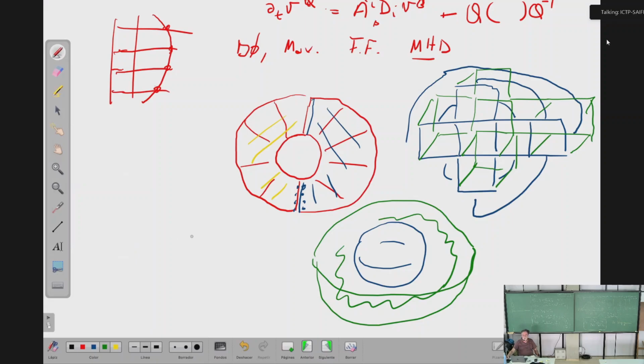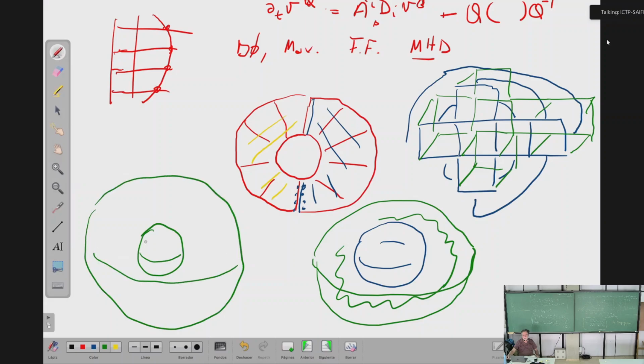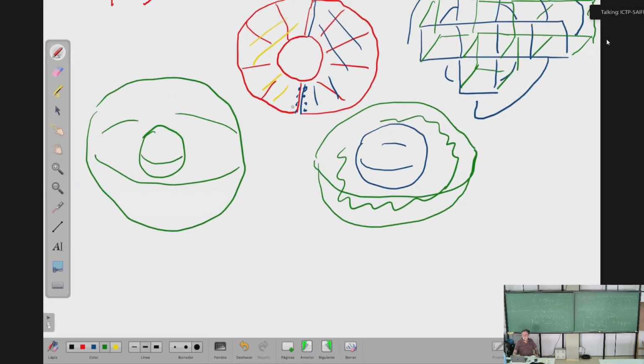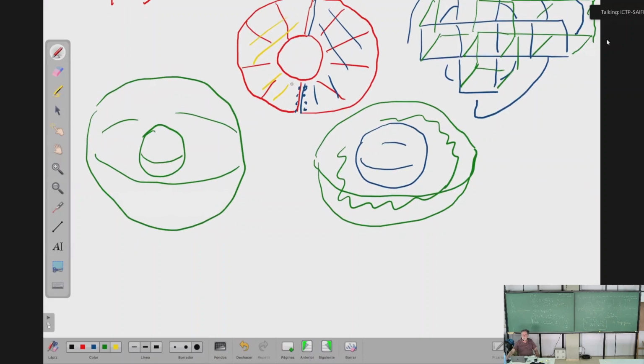And this we use, for instance, if sometimes we have a black hole or a neutron star, and you want to study what is going on here, we do use these integration regions like this. Okay? And how do we pass information here? Well, we interpret this as a boundary.